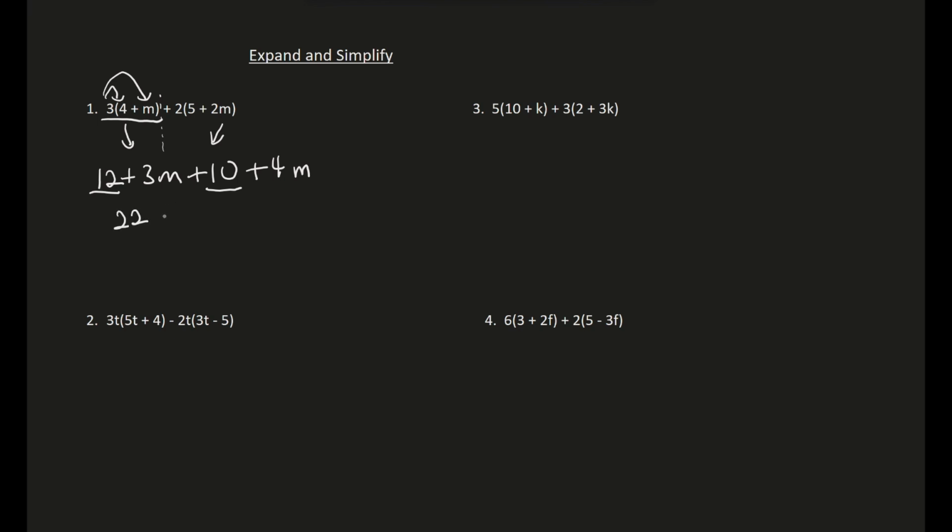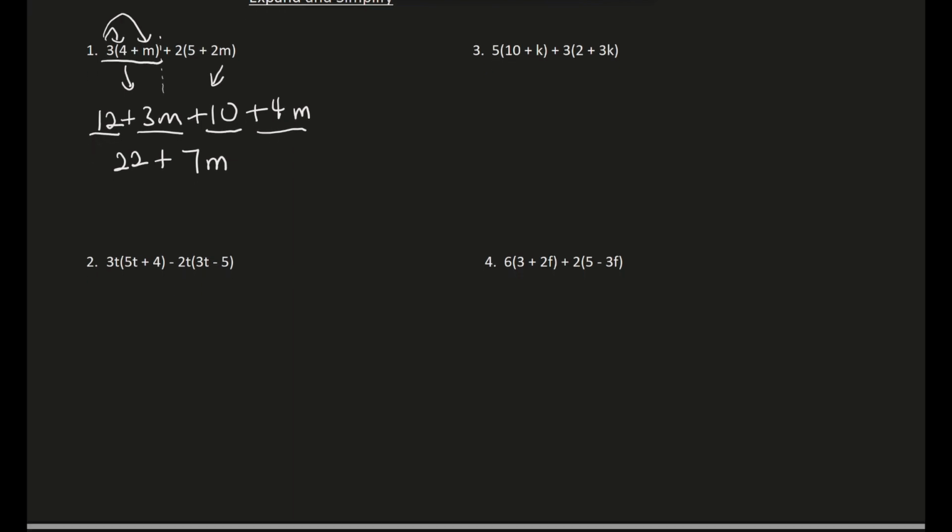And then we have 3m add 4m gives us 7m. So we have now expanded and also simplified the first question. Now let's move on to the second question.